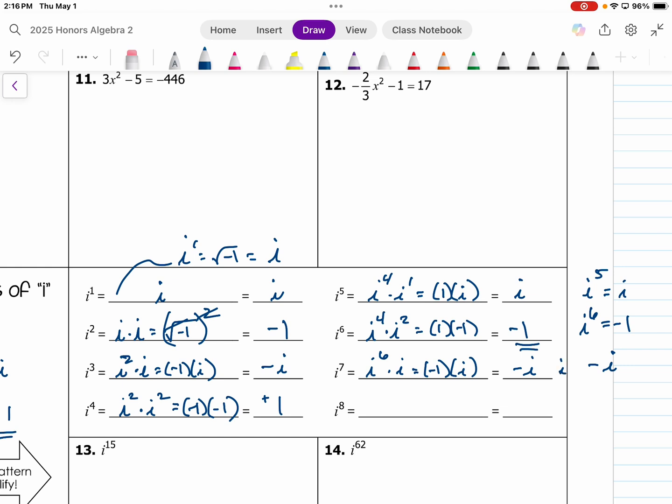And then last, i to the 8th, well, that's i to the 4 times i to the 4, which is 1 times 1, which is 1. So i to the 8 is just a positive 1.